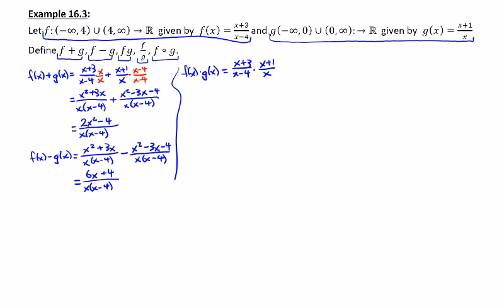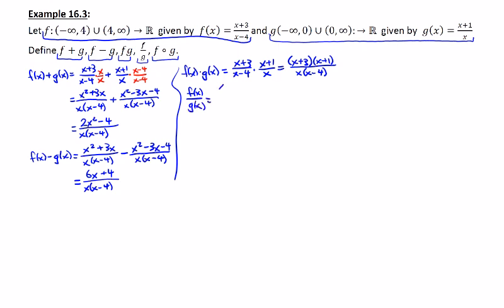So when I'm multiplying these two fractions together, I'm just going to end up leaving the whole thing in factored form, and I'll just leave it as x plus 3 times x plus 1 all over x times x minus 4. So we'll just do that. The division, f of x divided by g of x.